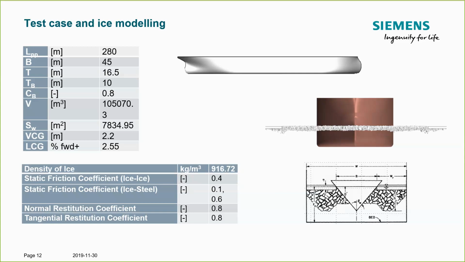The table on the left-hand bottom side gives an insight into the baseline values that we'll define for a static friction coefficient between ice particles. This is taken from the literature, and as I pointed out, this is a big challenge in modeling this with computational methods in general, because it's a very complex physical circumstance, and to come up with one coefficient that accounts for the contact dynamics between these particles is a non-trivial task.